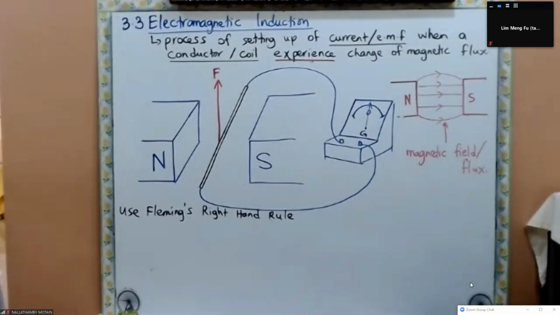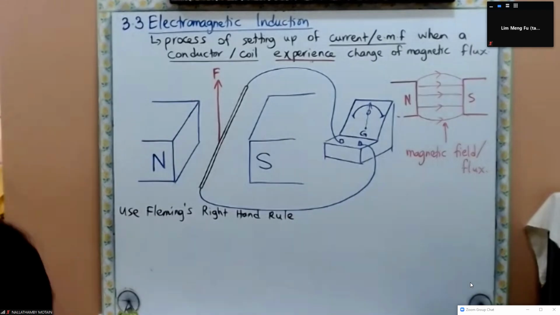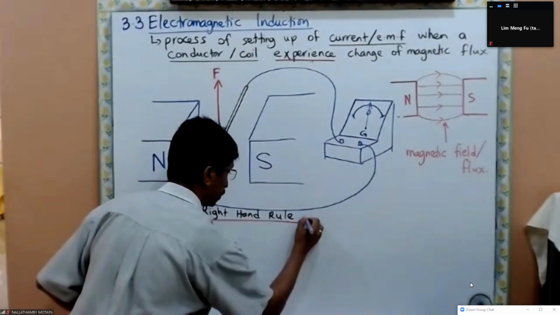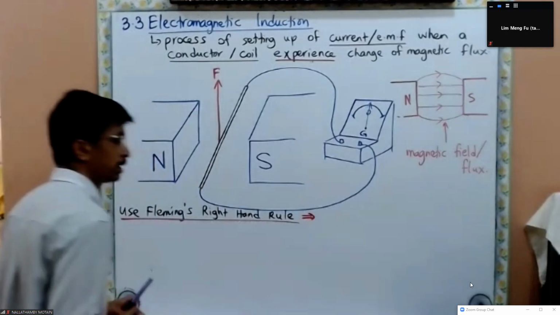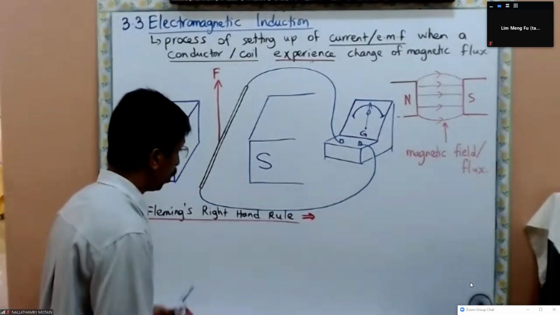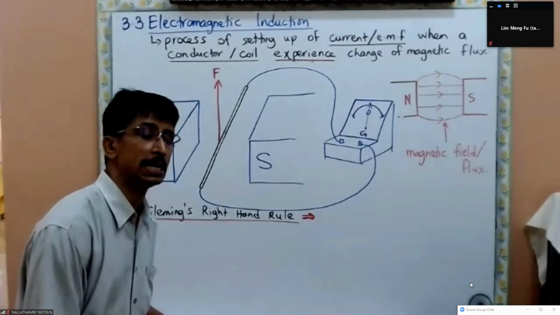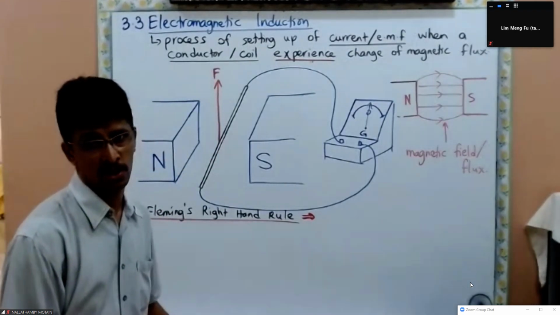Okay, we have to use Fleming's right hand rule. What are we using Fleming's right hand rule for? So actually we are using Fleming's right hand rule to identify the direction of the induced current flow.